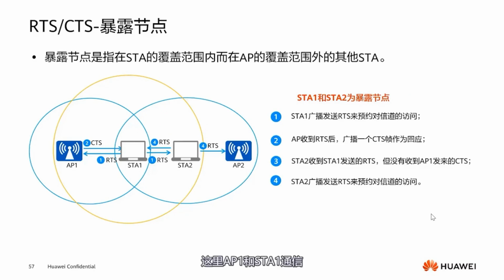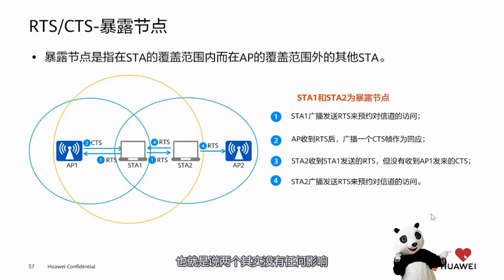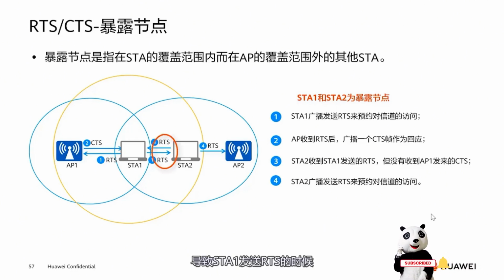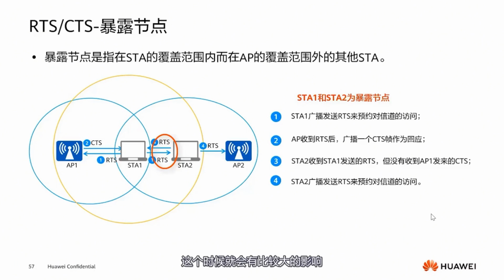Next, consider the exposed node scenario, which is unique. Here, AP1 communicates with STA1 and AP2 with STA2, which means they actually do not affect each other. However, because they are too close, when STA1 sends RTS, STA2 receives it, and vice versa, significantly impacting each other, because STA2 can receive the RTS from STA1 but not the CTS sent by AP1.